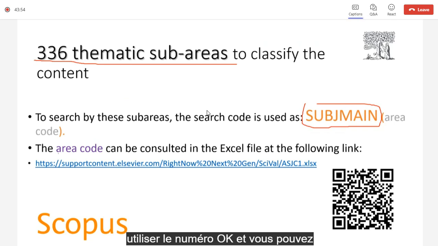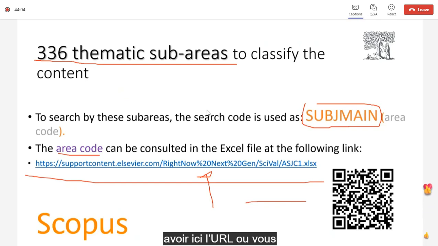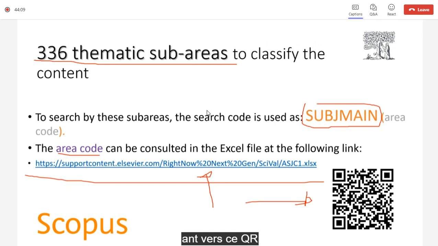And you can consult the area codes by downloading this Excel file. You can get the URL pointing to this QR code.